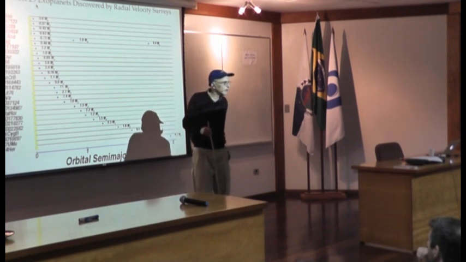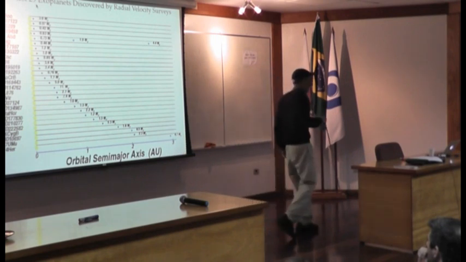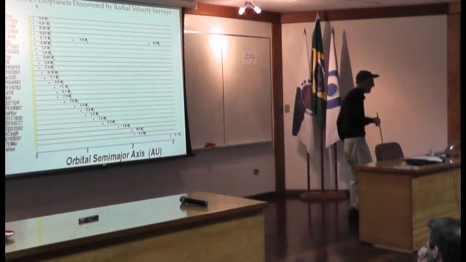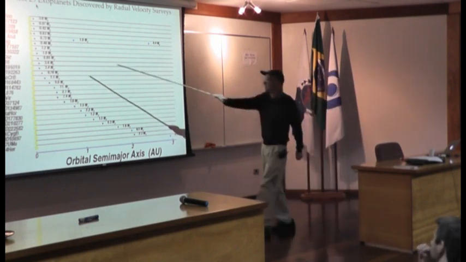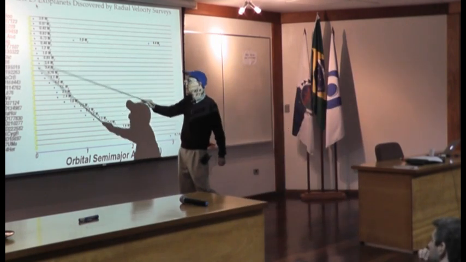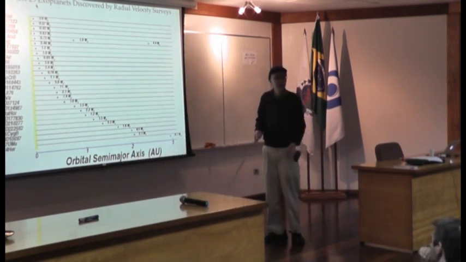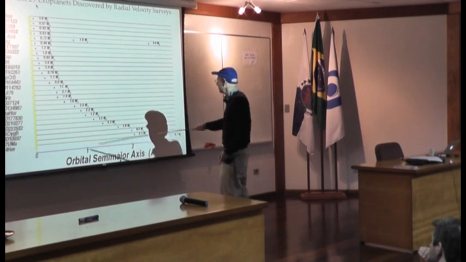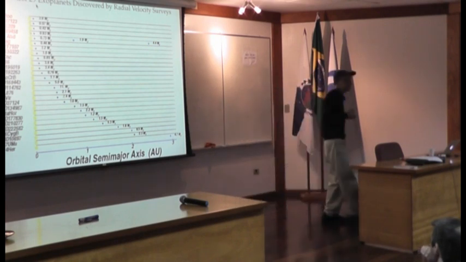Well, they were the easiest to detect with radial velocity. They're not that common. This type of planet is seen around about 1 in 200 stars. This type is seen about 1 in 15 stars.